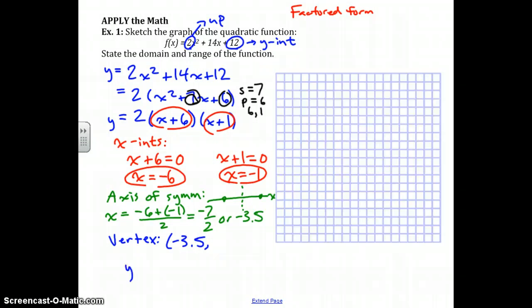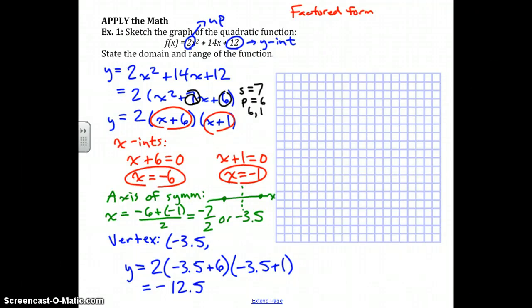So we go y equals 2 bracket negative 3.5 plus 6, other bracket negative 3.5 plus 1. We simplify that out in a couple steps, and we end up getting that that's equal to negative 12.5. So our vertex is negative 3.5, negative 12.5.